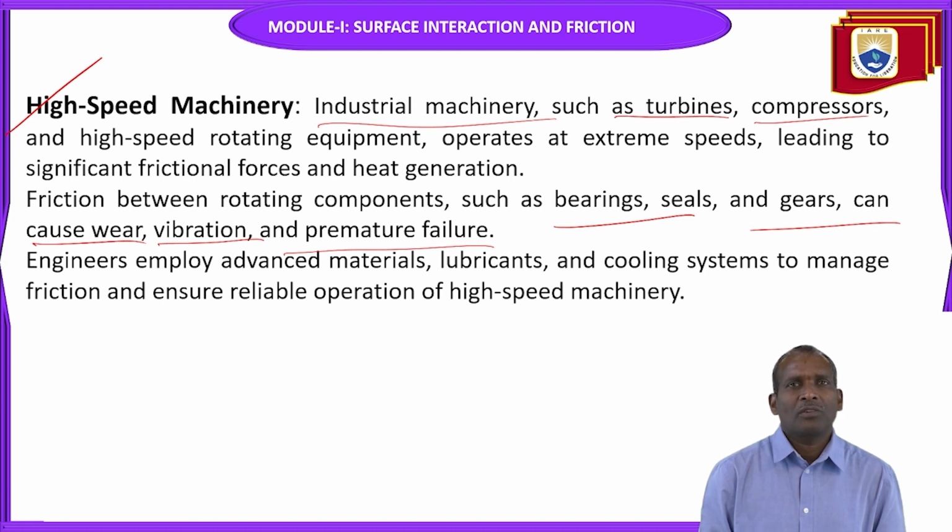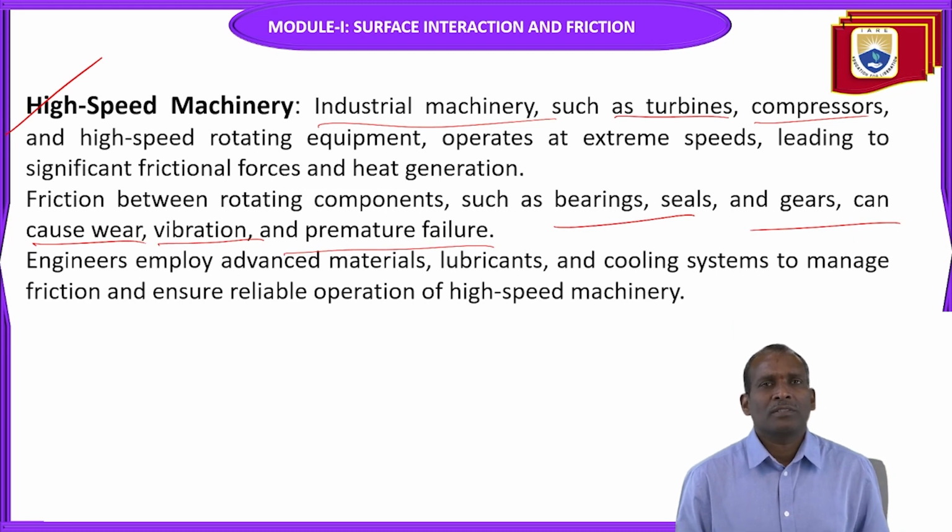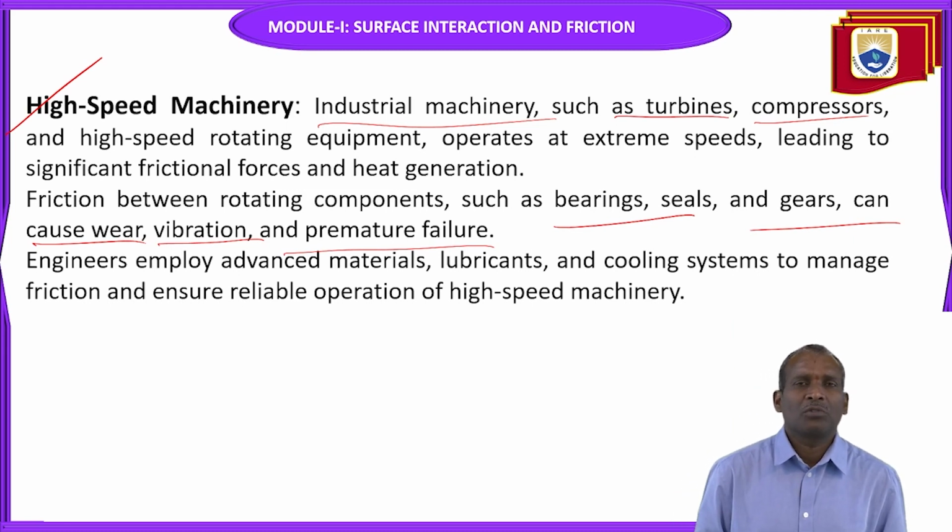So engineers employ advanced materials to avoid these types of failures. Employ advanced materials, lubricants, always use proper, selected lubricants. So according to the Society of Automotive Engineers, lubricants use and then cooling systems, proper cooling systems to manage friction and ensure reliable operation of high-speed machinery.